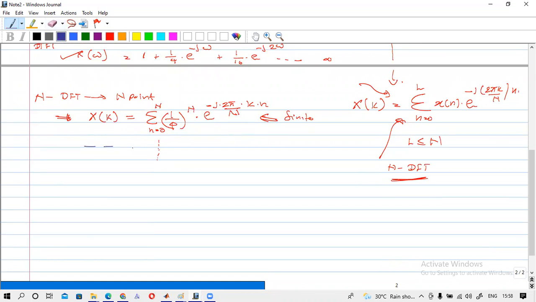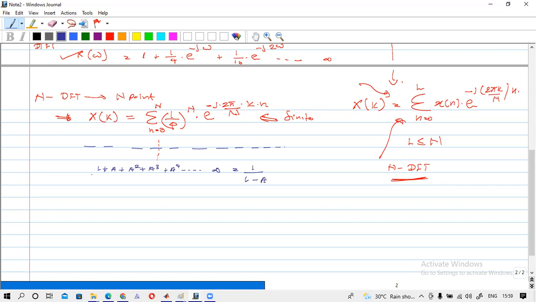I will do it, because we can use the basic Taylor series that we used in Z transformation: 1 plus a plus a squared, 3, 4 up to infinity, which equals 1 over 1 minus a.